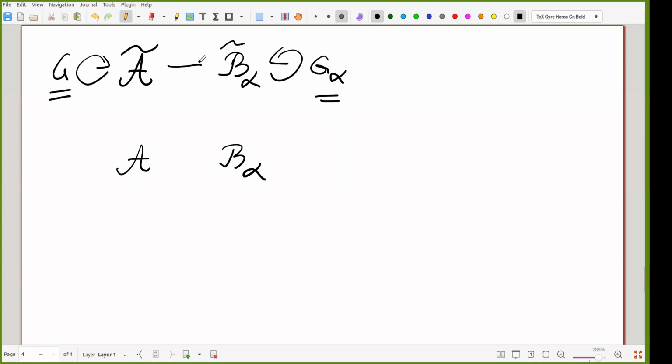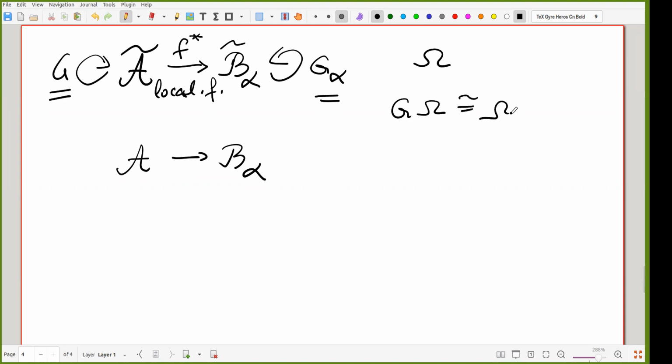If I have here this F upper star that I am basically restricting, this is usually a localization functor. I want to avoid the technicalities on these functors. And I want this F star to be compatible with G. So all these F stars form together this omega. So I want G omega and omega G to be isomorphic in some sense.